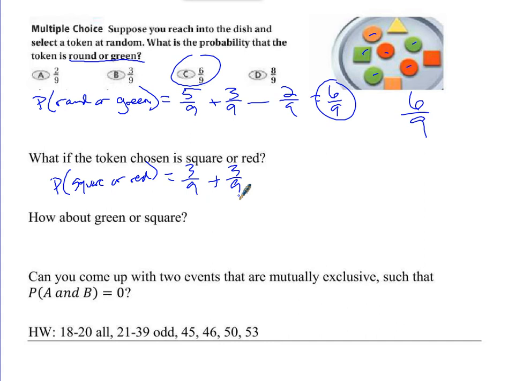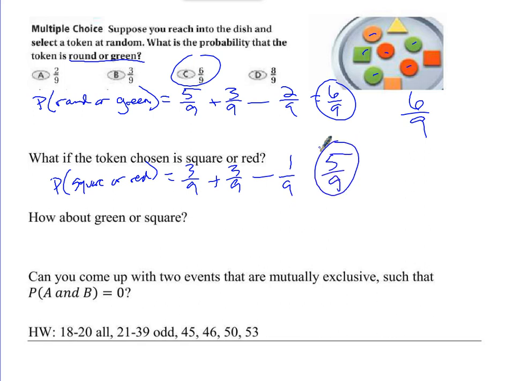I know it's 1. What am I looking for to subtract? The probability of what? Square and red, yeah. So it's the probability of A plus the probability of B minus the probability of A and B. So A is square, B is red. A and B would be square and red. And we do have one of those. So we're going to subtract off 1/9 there, which gives me a total of 5/9.